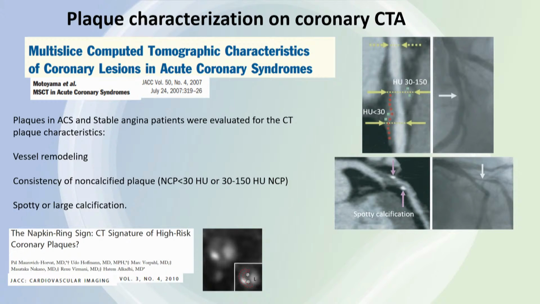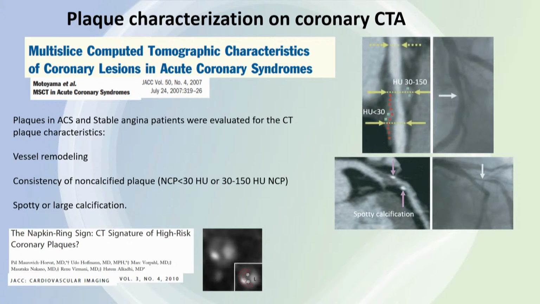So we'll move on to plaque characterization on coronary CT, which is a very interesting area. This was one of the earlier landmark publications looking at plaque characterization on cardiac CT from Dr. Motoyama in Japan. They looked at the CT plaque characteristics of patients who had acute coronary syndromes versus patients with stable angina.